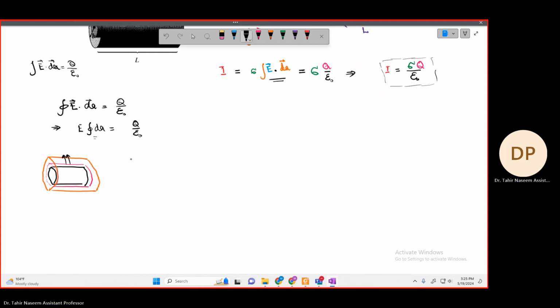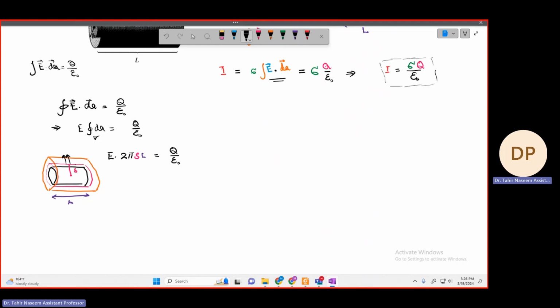It is E times 2 pi, this pink one. And let's suppose the radius of this is S and the length is L. So I can write the surface area as 2 pi S into L. So this is the answer of the integration, right? And it is equal to Q over epsilon.